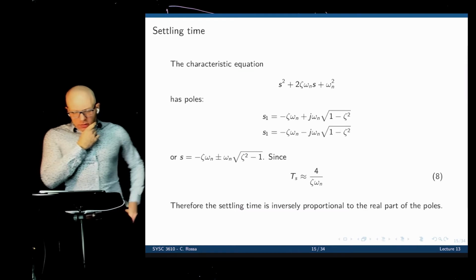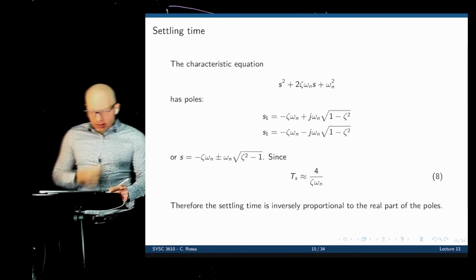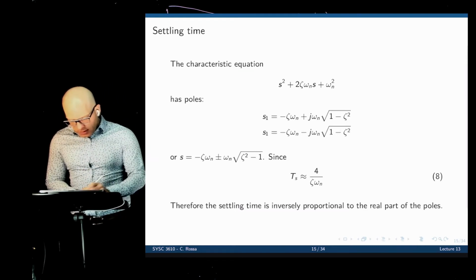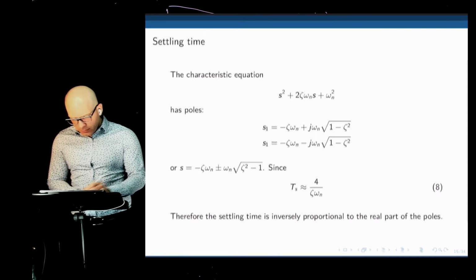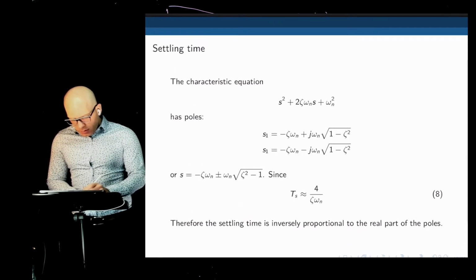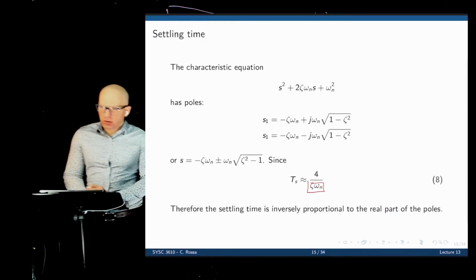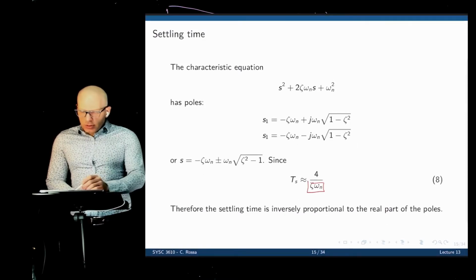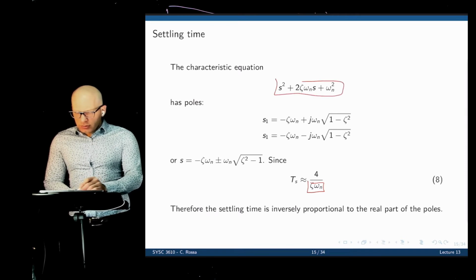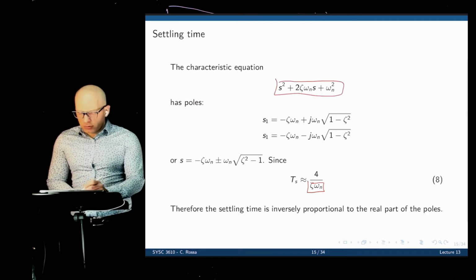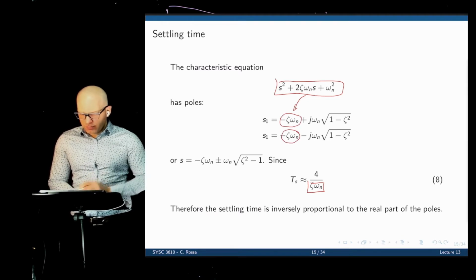So now something else to note here, we see that in the denominator we have zeta times omega n. When you look at our second order transfer function, the denominator here, and we find the poles of the transfer function, we see that they show up here and there.